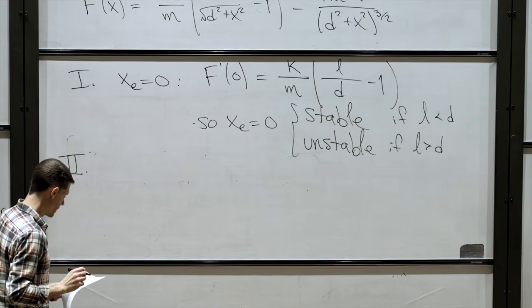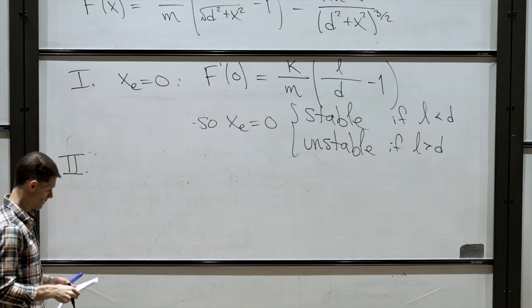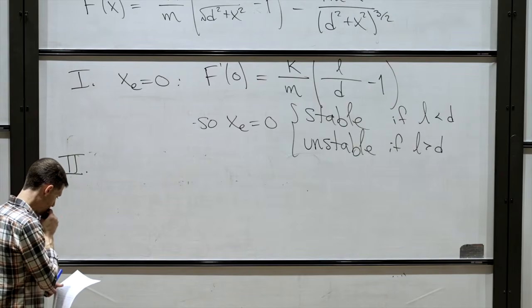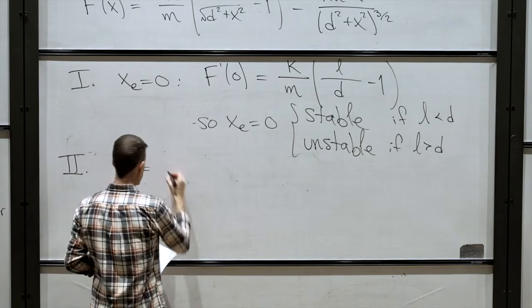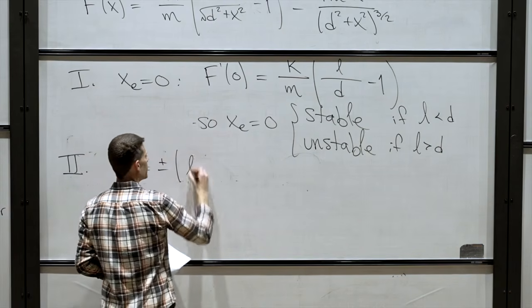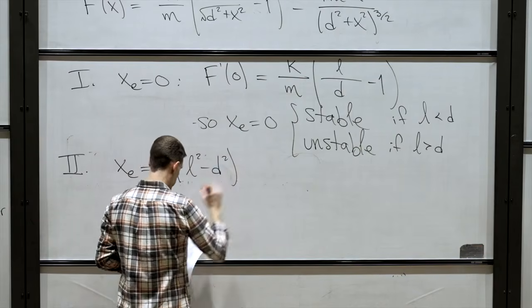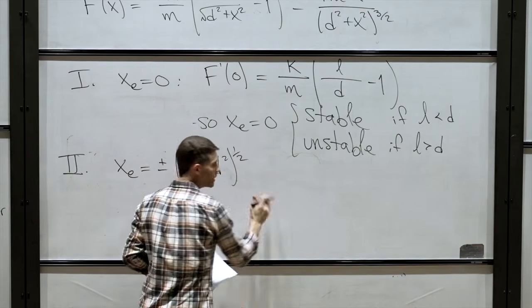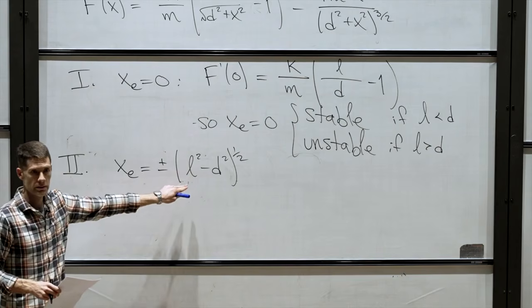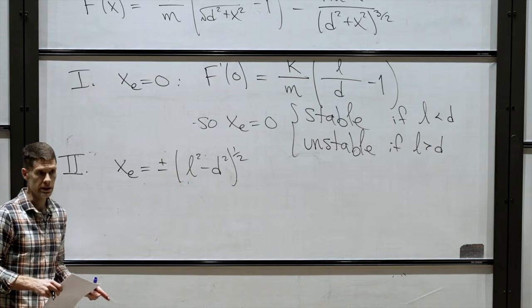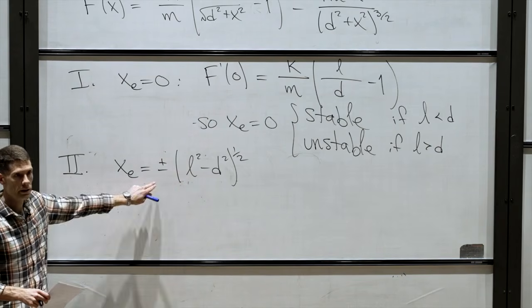The other equilibrium points, potentially things get very messy. So xe is by definition plus or minus L squared minus D squared to the 1/2. And the first observation is that that equilibrium doesn't exist unless L is greater than D. And if L is less than D, this is complex.